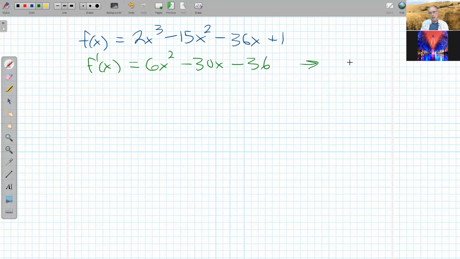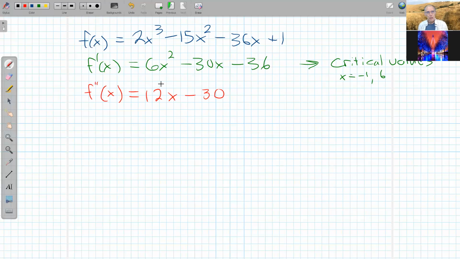We also found that it had these critical values at -1 and 6. Now we're looking at the second derivative, the rate of change of the slope. That would be 12x minus 30.